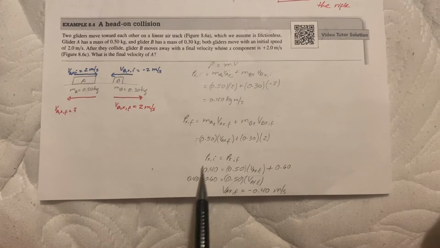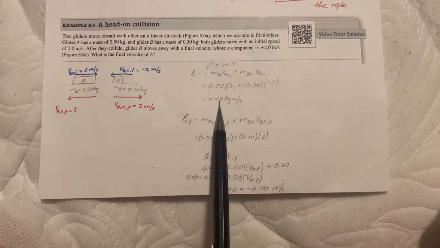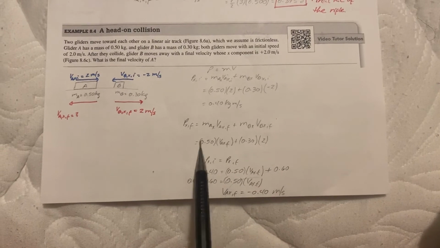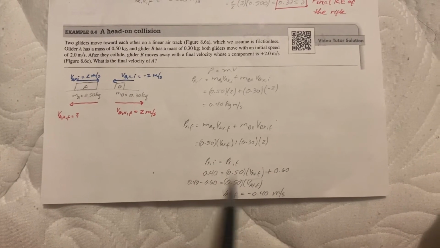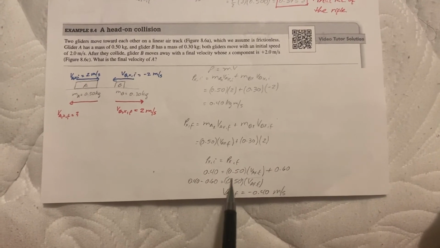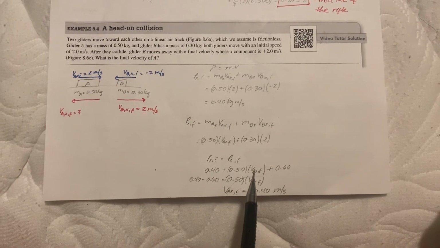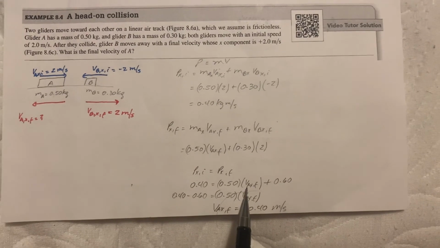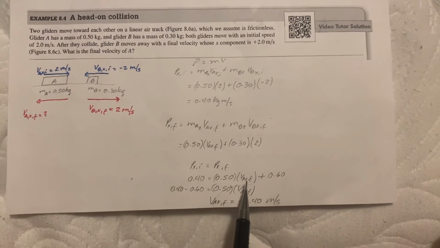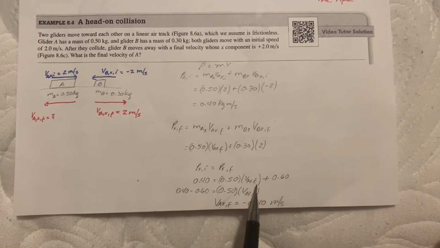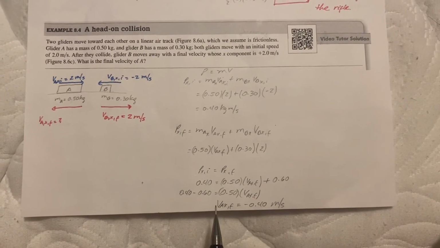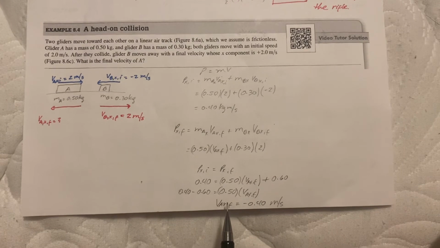Px initial is this result here, 0.40, and for Px final, we plug in this equation. We set these two equal, and we solve for the velocity of object A in the x direction, final.